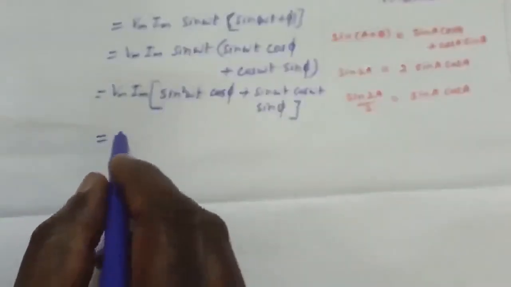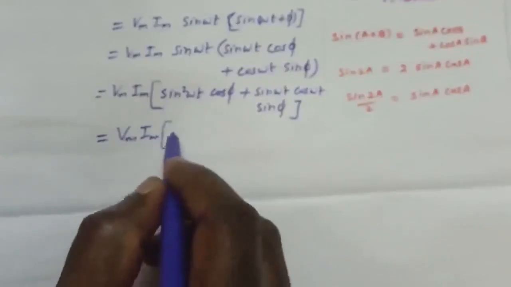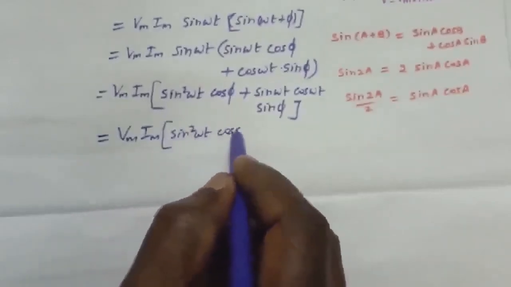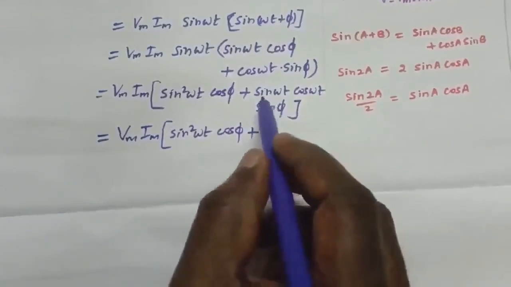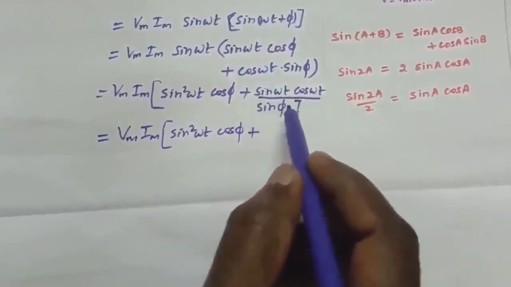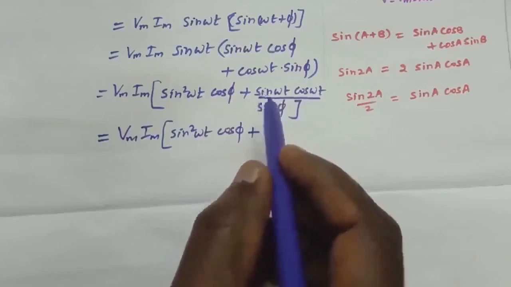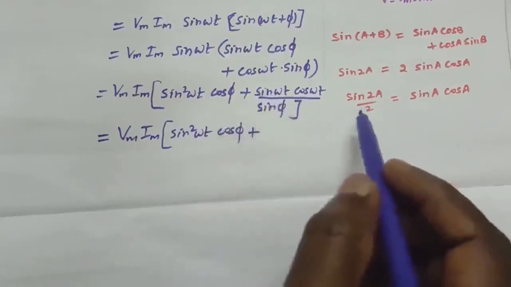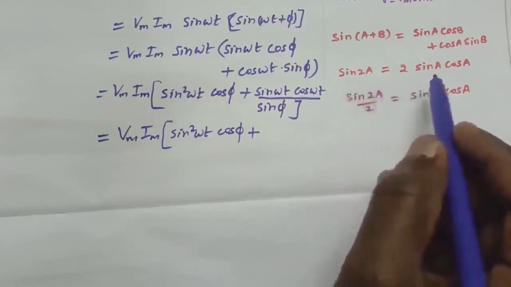Next, power average is equal to Vm Im into sin square omega t into cos phi plus, now see, sin omega t into cos omega t. Once again using a trigonometry relation: sin 2a is equal to 2 sin a cos a.